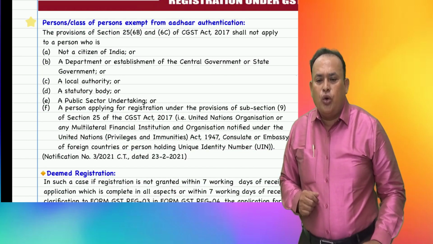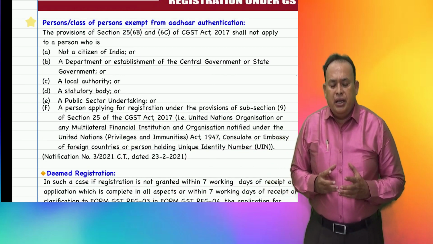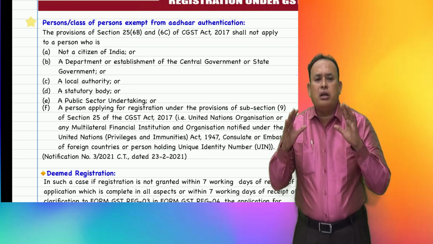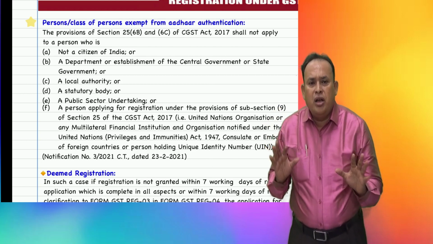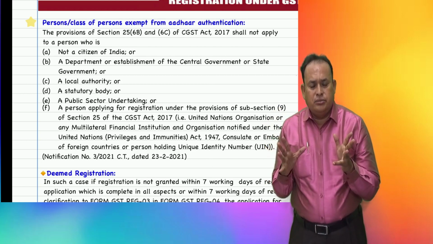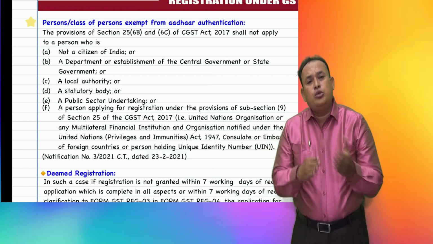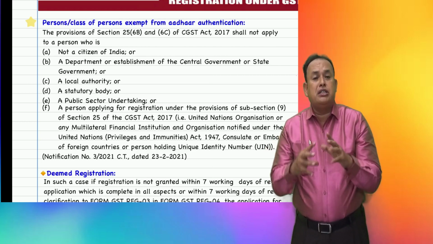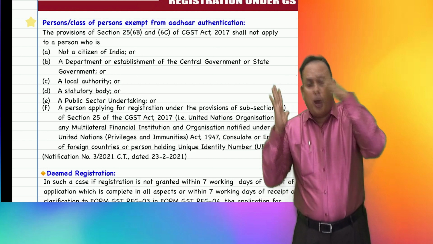I have referred so far to so many provisions. Aadhaar authentication is mandatory for a new applicant, or for an applicant who already got registered without authentication of Aadhaar, because at that time it was optional.